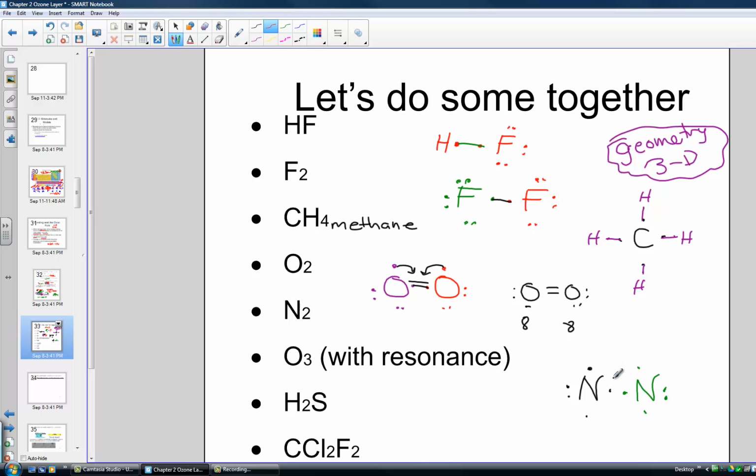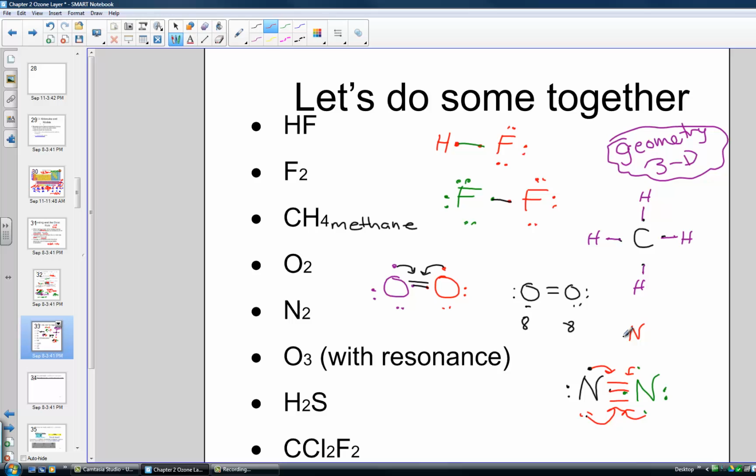So I can clearly see here's one bond between the 2 nitrogens. Those 2 will hook together to make a single bond. But visually, do you see how we're not done yet? Lonely, lonely. Let's put them together between the 2 symbols and form a double bond. But lonely and lonely, let's bring those together and make a triple bond, 3 shared pairs of electrons.